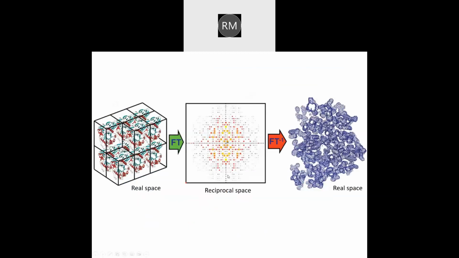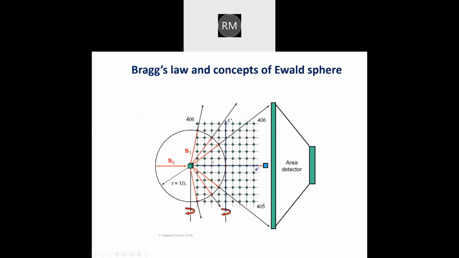This is a three-dimensional lattice, but because we have a two-dimensional detector, you are catching the diffraction lattice points on this two-dimensional space by certain conditions, the Ewald's construction, satisfying the Bragg's law. I will not go into the details, I will just skip this.